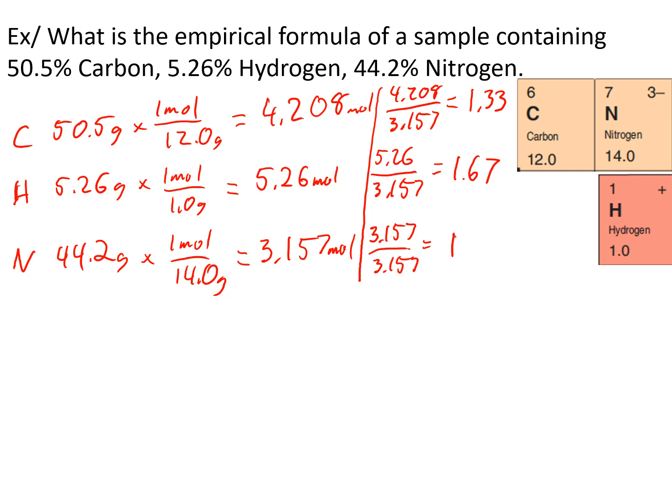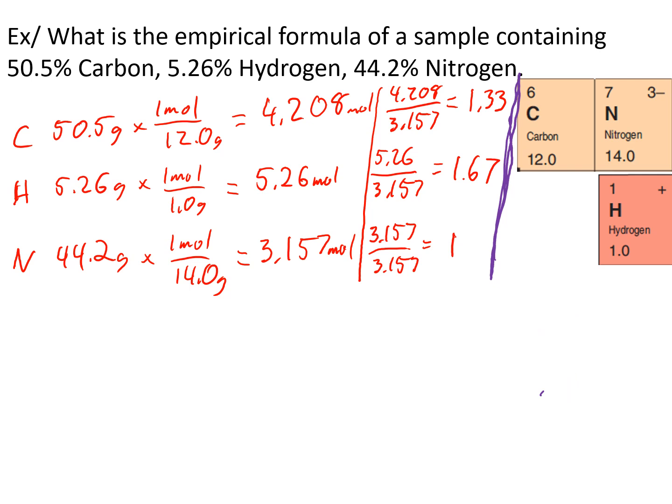Okay. Now, at this point, this is where some of your mathematical intuition needs to be. If you see something that is ending in a 0.5, like a 1.5 or 1.49, which is really darn close to 1.5, then you're going to be multiplying it by 2 to get to a whole number.